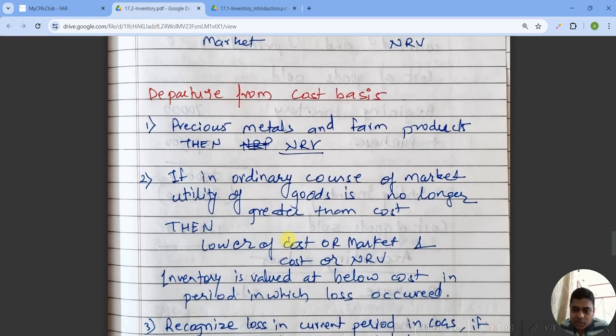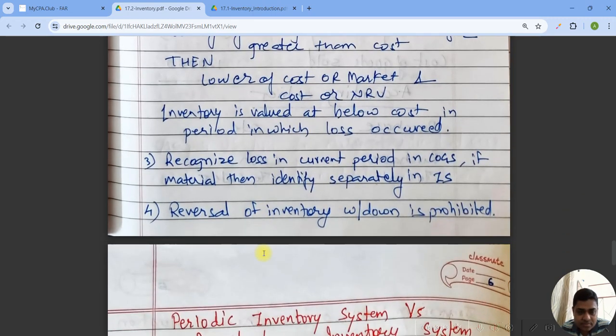If you have a product which has become obsolete, and from the market sentiment standpoint its utility is no longer greater than the cost, then obviously people will not buy it at a market price. In that case, this inventory is valued at lower of cost or market price, or lower of cost or NRV. This is one of the exceptions.